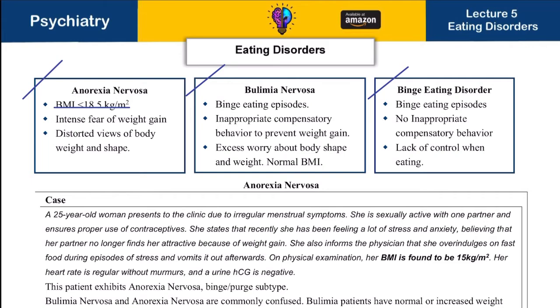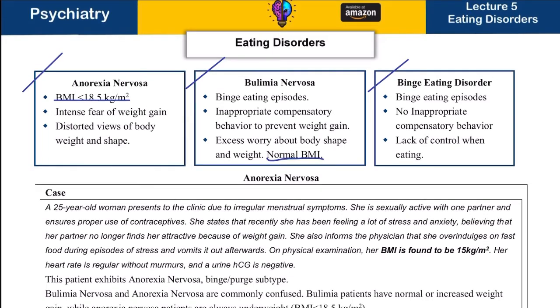Bulimia patients have a normal BMI, but they have excess worry about body shape and weight, and unlike normal people, they have inappropriate compensatory behavior, similar to what you get in anorexia nervosa. The difference between anorexia nervosa and bulimia nervosa in terms of case presentation is that they will have binge eating episodes.